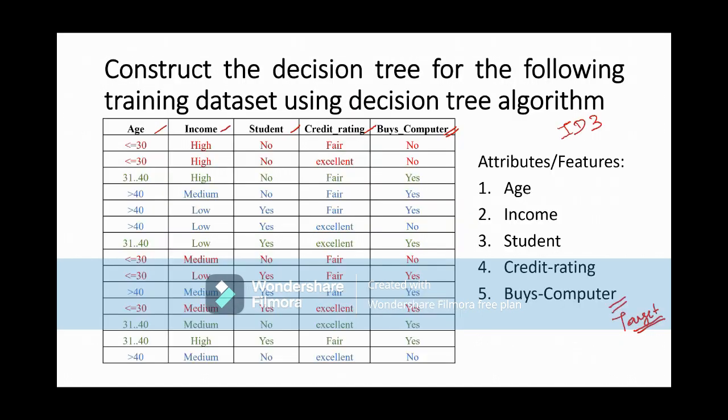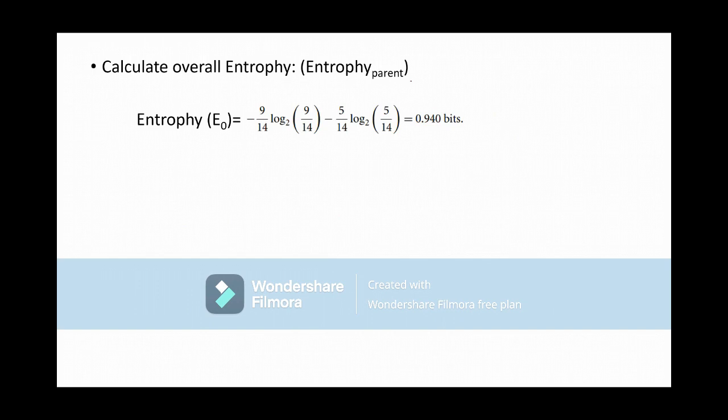The overall entropy can be calculated from this dataset. There are 14 rows in total, and out of that there are 9 yes and 5 no. The overall entropy is calculated by taking 9 by 14 as the probability of getting yes and 5 by 14 as the probability of getting no. So the entropy becomes minus 9 by 14 log 2 of 9 by 14 minus 5 by 14 log 2 of 5 by 14, which is 0.940 bits.